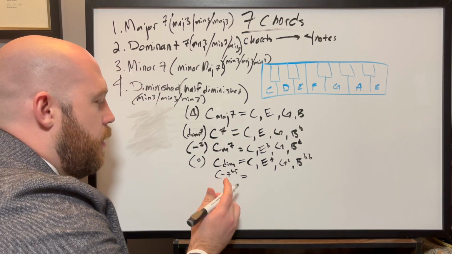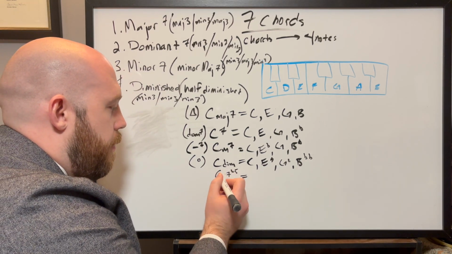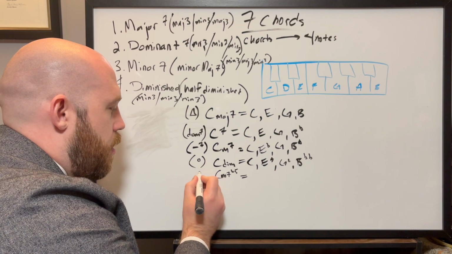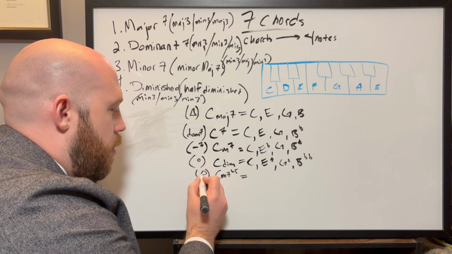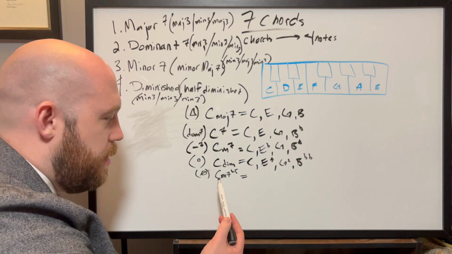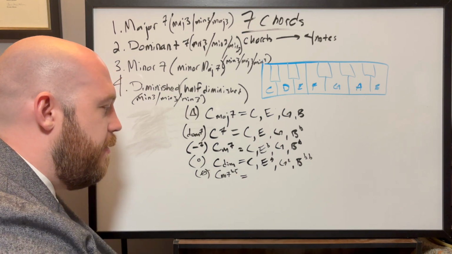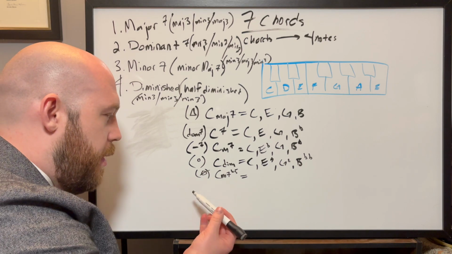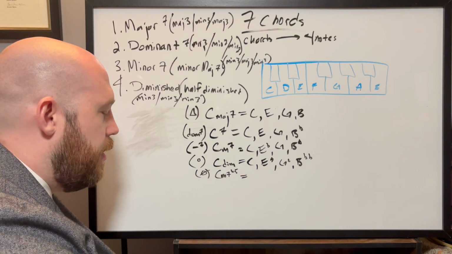Now, half diminished is written a few different ways. C minor 7 flat 5. Or you might see a circle with a line through it.